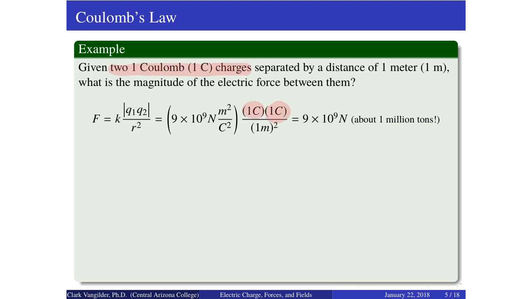There's one, there's another one. Separated by a distance of 1 meter. It makes it into the formula, with the constant that we just pulled out of the box there. This is a really nice problem because it's a bunch of ones. But we get a pretty large 9 billion newtons. Which is roughly 1 million tons.